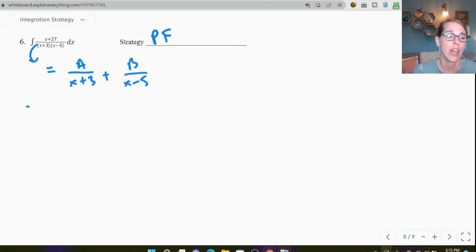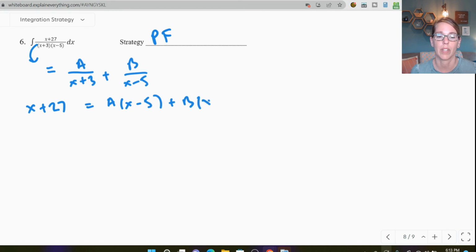So comparing just my numerators, x plus 27 from the original integrand, that's a 27, is equal to a times x minus 5 plus b times x plus 3. I'm going to be able to solve this by zeroing out, and I can zero out by letting x be 5 for one case and x be negative 3 for the second case.